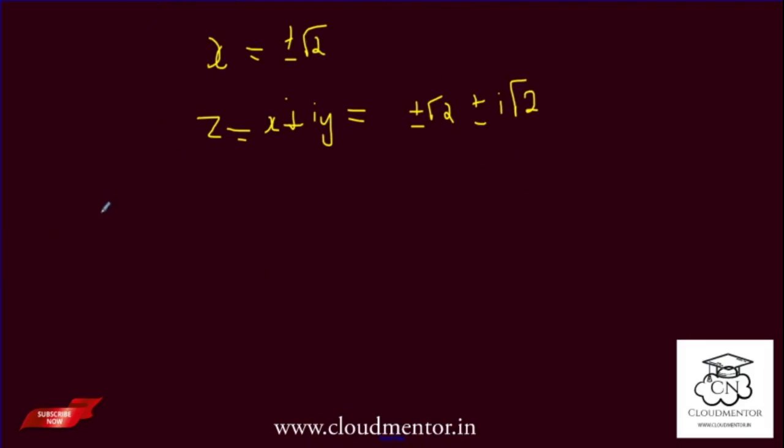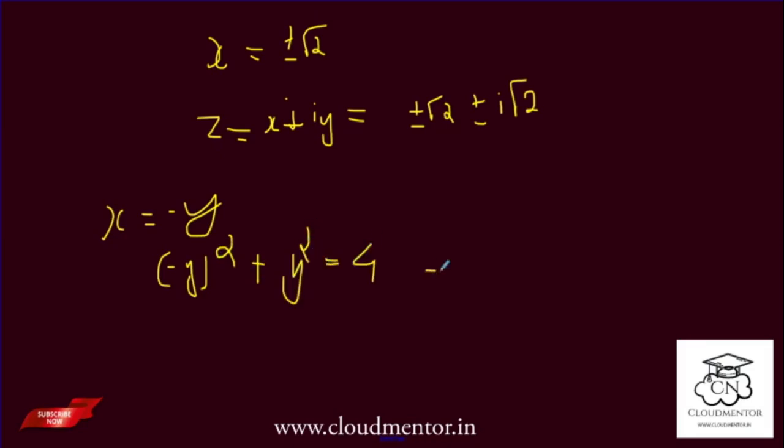So we get minus y the whole square plus y square equal to 4, which implies 2y square equal to 4, and we get y equal to plus or minus root 2.